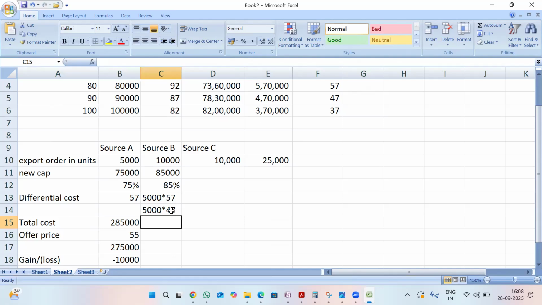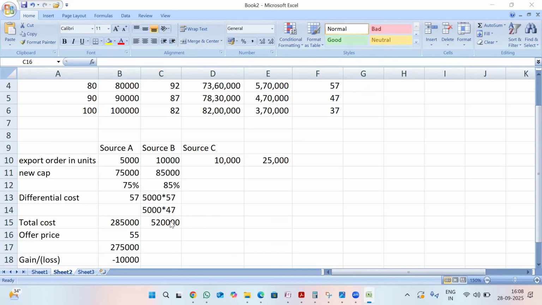After 80% capacity, my differential cost will be 47 rupees. So my total cost will be 5,000 into 57 plus 5,000 into 47. So 5,20,000.